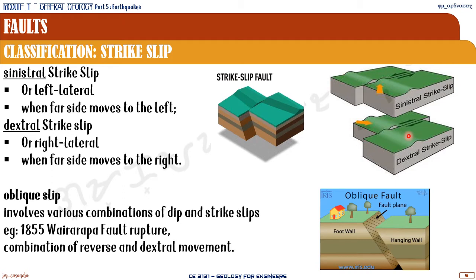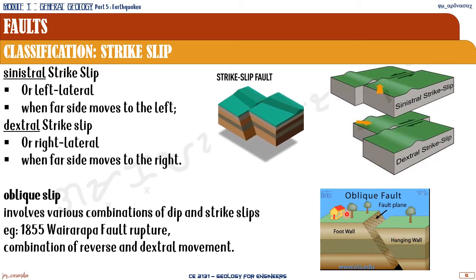So this one is an example of a, so downwards yung hanging wall, so it is a normal slip, and if I'm standing here, the plate is moving towards the left. So it's a combination of normal and sinistral slip, this animation.